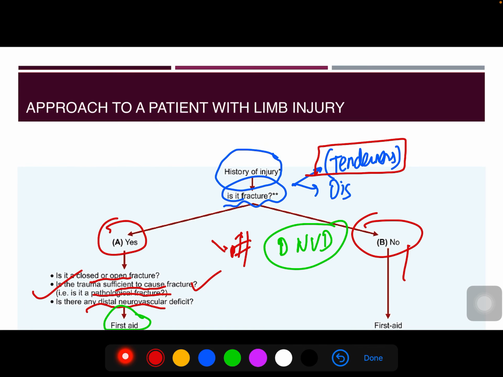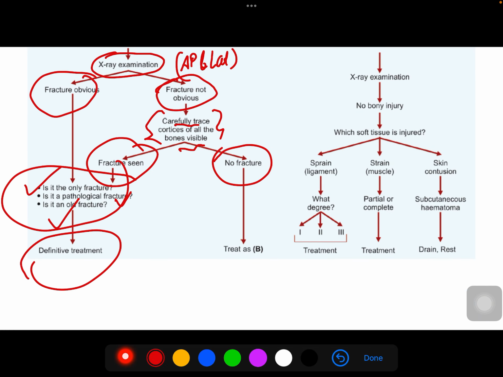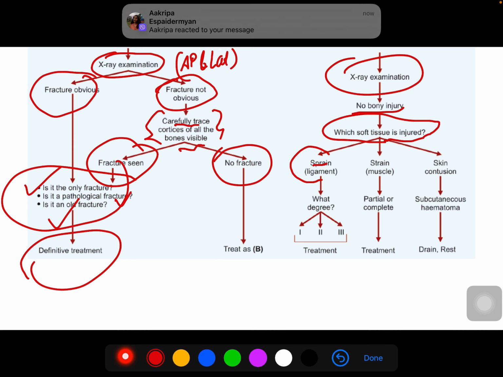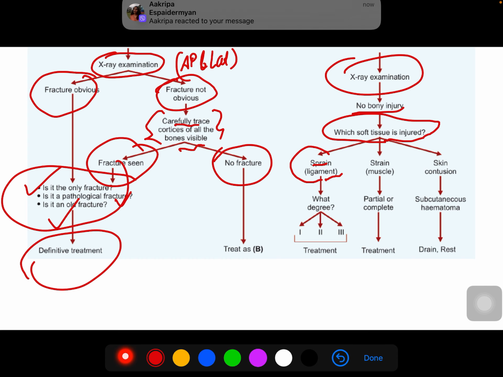So for that, we use first aid, send for x-ray examination, and there will be no bone injury. If there is any soft tissue injury, like a sprain, it means there is a ligament tear or ligament injury.